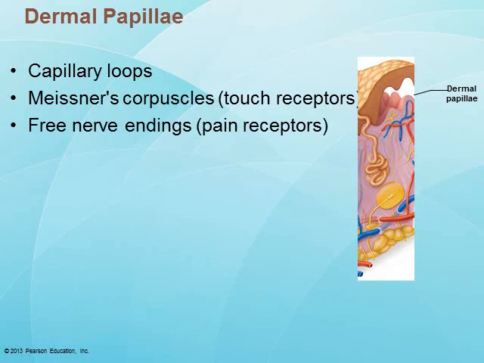At this layer, we have blood vessels, those capillary loops, so it gives nutrients to our epithelial tissues. Remember, epithelial tissue has no blood vessel in it. That's for all the epithelial tissue. Blood vessels will not go into the epidermis, so all the nutrients for the epidermis are received from the blood vessels of the papillary layer.